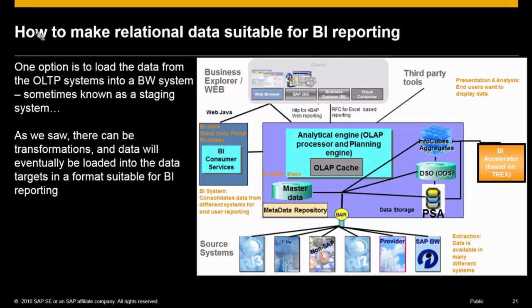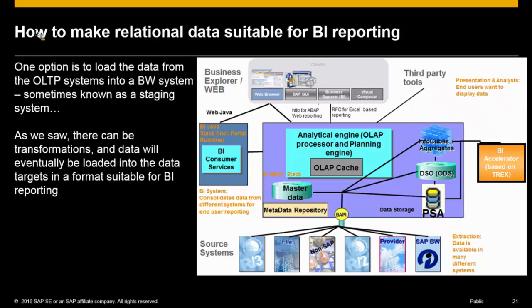The problem is, how do we get this data into a format that's suitable for BI reporting? I chose this diagram in particular because you can see the very different types of source systems that you can potentially have your data stored in.